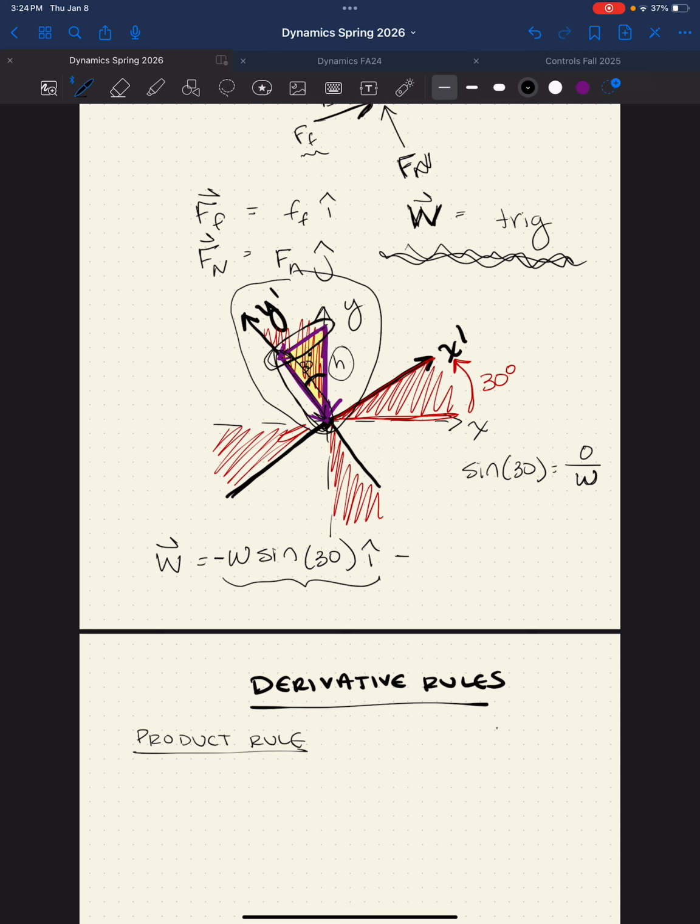So this will be minus W cosine 30 in the J hat direction. And it's minus because it is pointing the opposite direction as Y primed. Y prime points up, but the component that we're looking at that forms part of our W vector, it points down. So it is in the negative J hat direction.